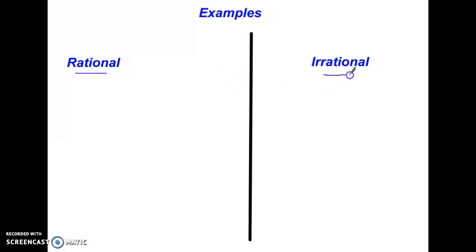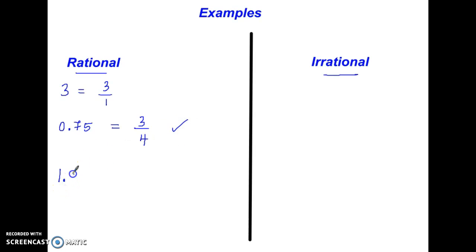Here are a few examples for rational, where 3, because 3 could be written as 3/1. It could be 0.75. Is 0.75 a rational number? Yes, because it can be expressed as 3 divided by 4, as a ratio of 3/4 or as a fraction 3/4. So this is rational.